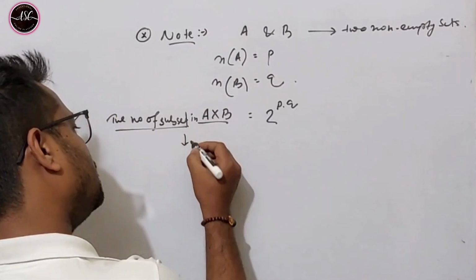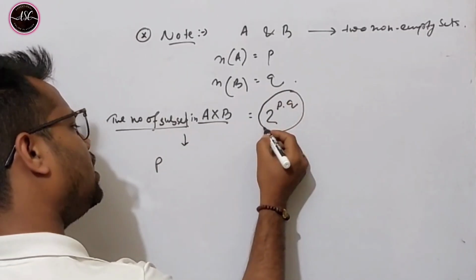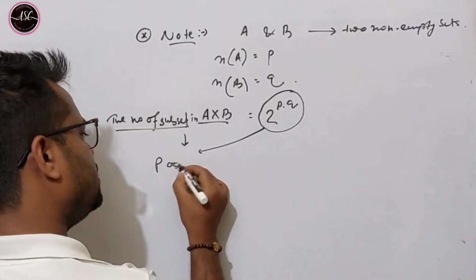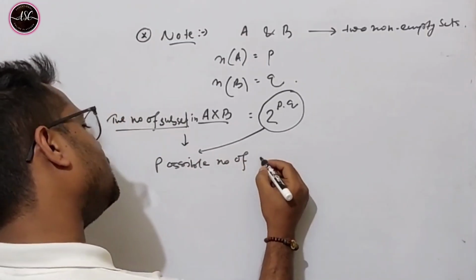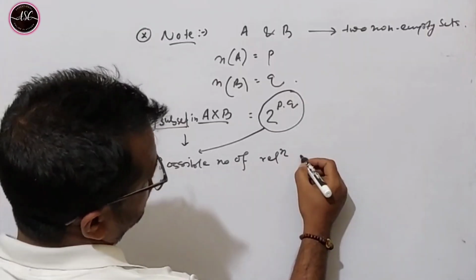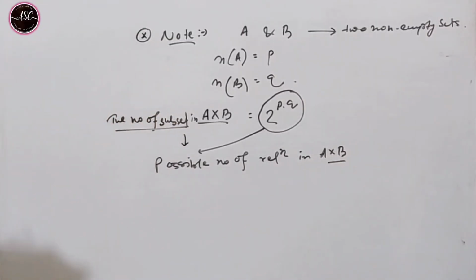And this number is also the possible number of relations in A cross B. Okay, this is vital.